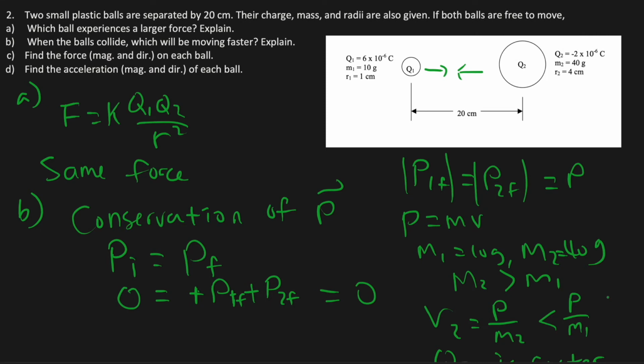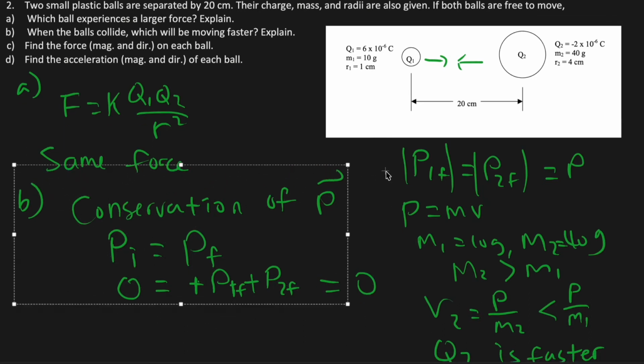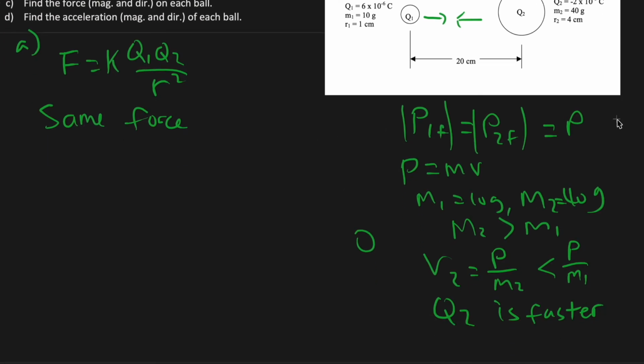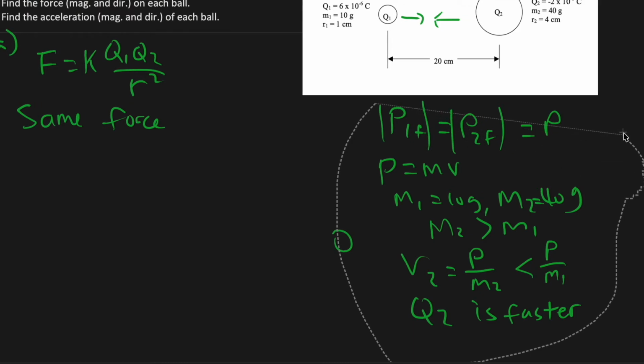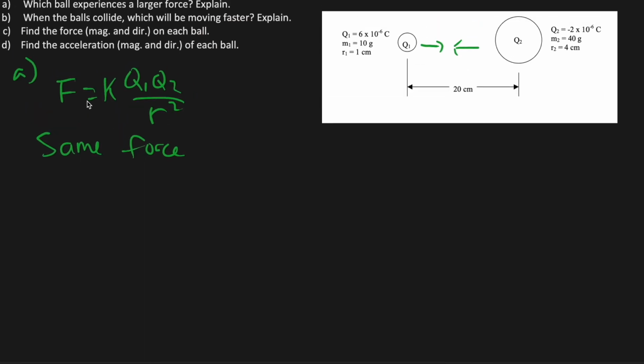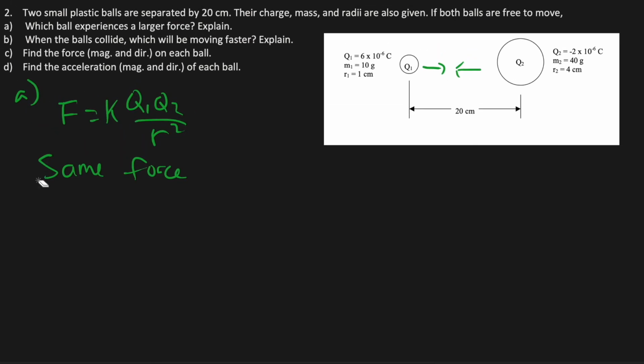C. Find the force and magnitude on each ball. So this problem is very straightforward. You can just apply Coulomb's law to find the force on each charge. The magnitude of force on both charges is equivalent.